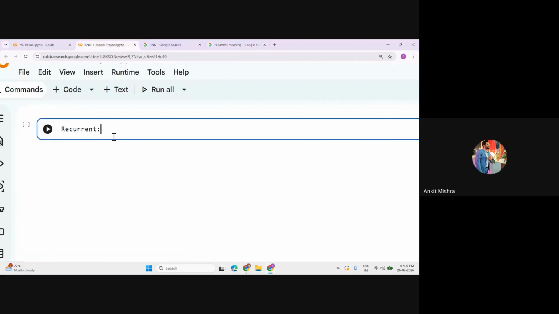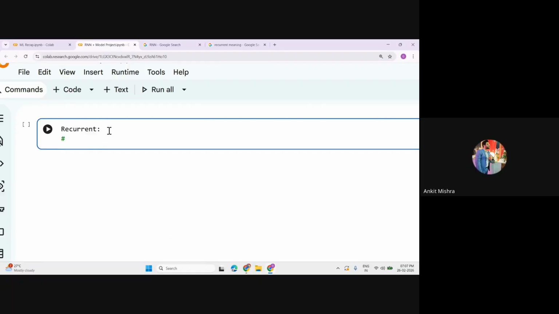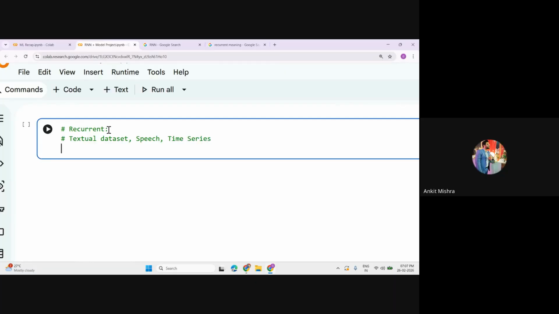Inside this recurrent neural network, we can first start with the textual data set, then the speech data set, and then, finally, the time series data set, right? So if you want to perform an NLP related task, NLP is natural language processing, then you have to use this RNN concept, right?